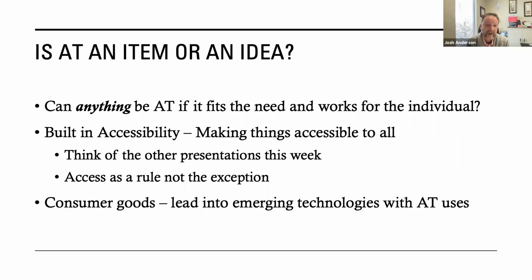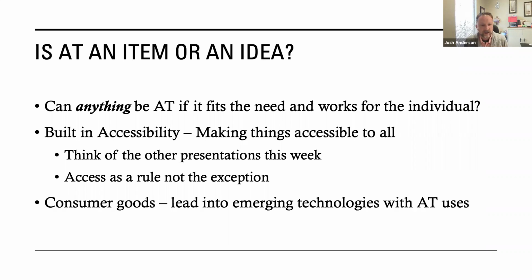And if we could really make access a rule, not an exception, then the need for assistive technology and these barriers will go down significantly, to the point where they won't be needed quite as much, which eventually would put me and my department out of a job. So I don't know if it's something I hope for, but it is something that I hope will continue, that we will continue to see as folks make new technology, that they do make it accessible for all.